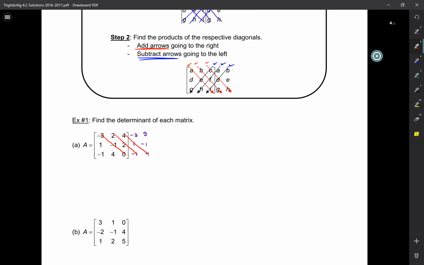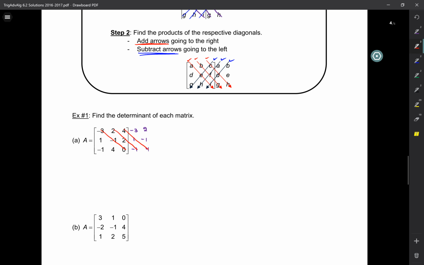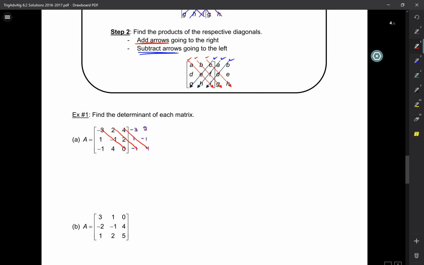I'm going to multiply all the numbers on each diagonal. So on the first diagonal, you have -3 times -1 times 0. And then you do plus. Now, what do you have on the second diagonal? 2 times 2 times -1. Right? Plus, what do you have on the third diagonal?